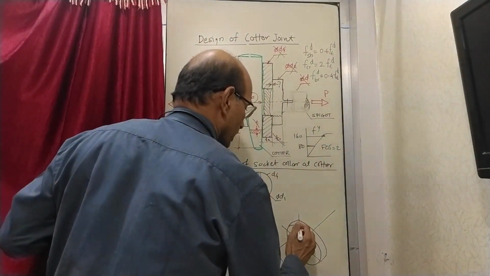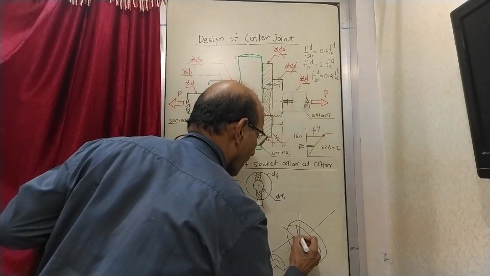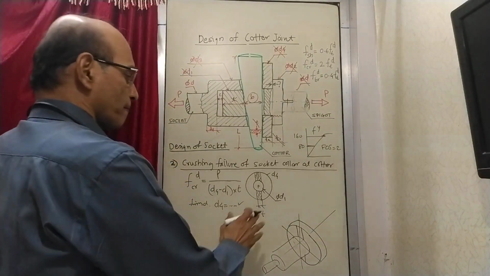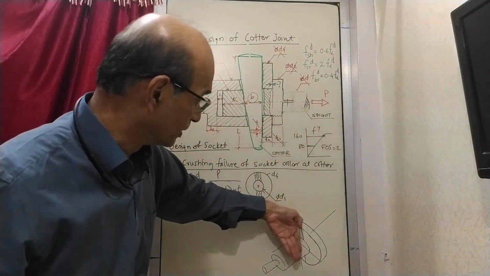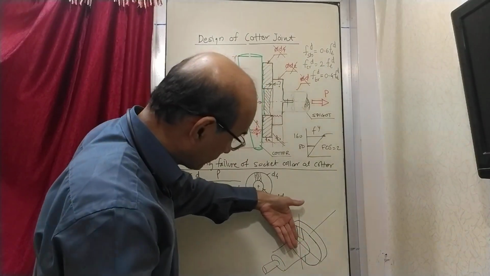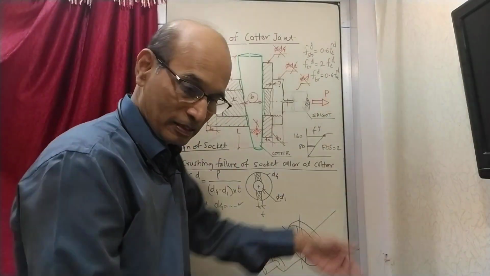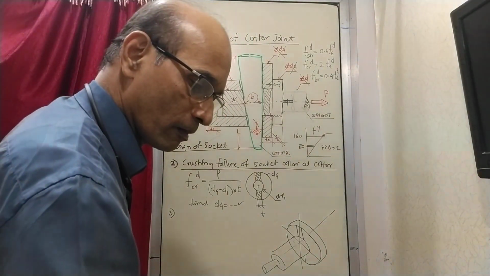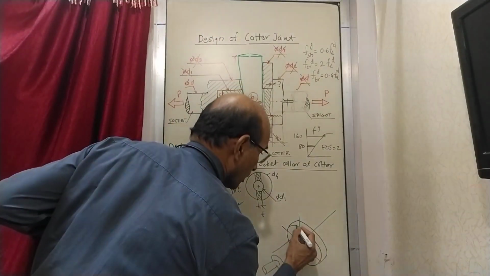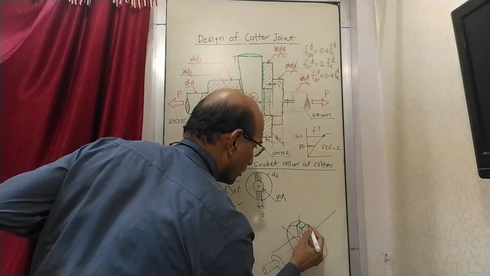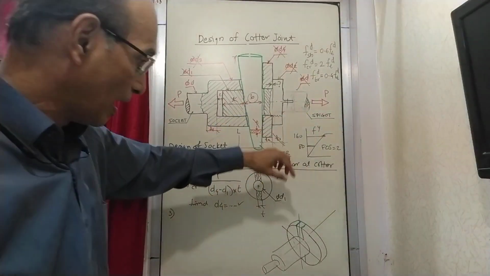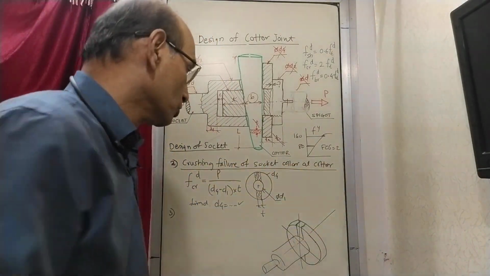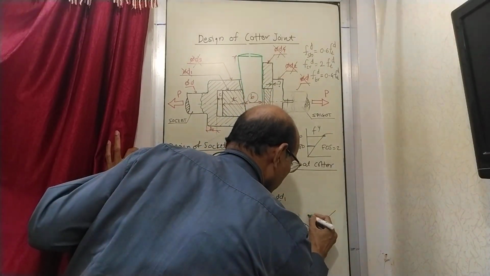There is a cotter here, that cotter is touching somewhere here like this, below also like this, and this cotter pin which is here, and you are trying to pull it like this, then the cotter pin will just go and cut this. That means the cutting will take place somewhere from here, and the part of the collar which is here will be just sliced out. If that happens, how that will look, I will draw here.